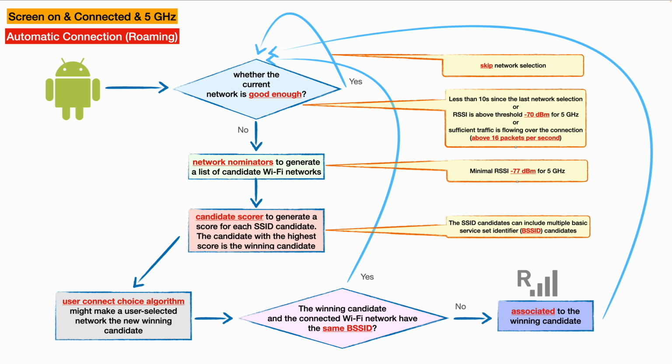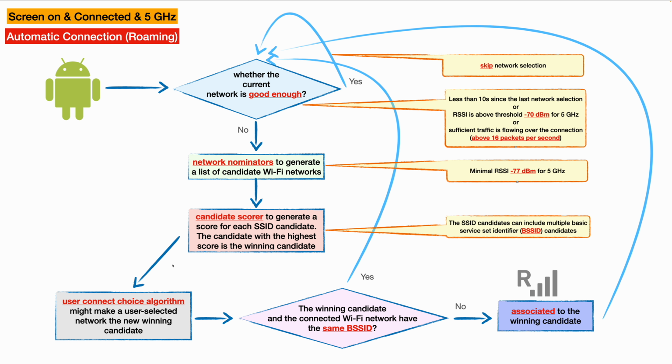Once you get the list of candidates, it will run the candidate scorer to do the sorting and then choose the best candidate. This step is similar to, let's say, Linux. If you run WPA supplicant, it will have a similar process. It will give a score to every access point and pick the best one.